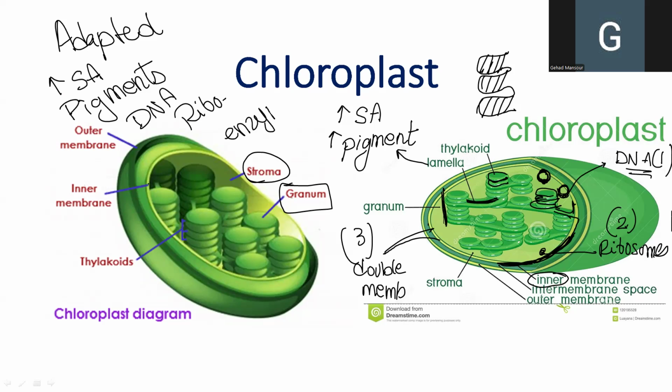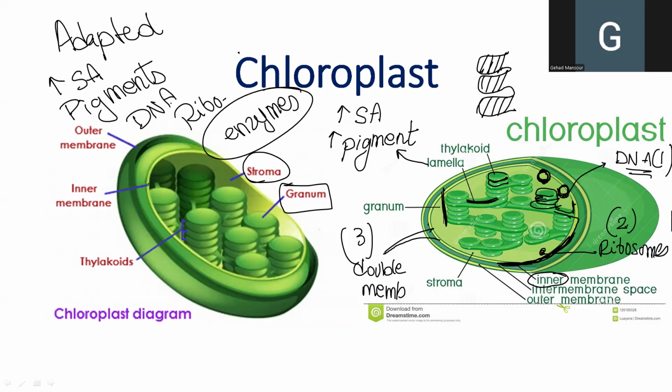And it has its own enzymes: on the inner thylakoid membrane, the enzymes that stimulate the light-dependent reactions, whereas in the stroma, we have the enzymes of the Calvin cycle.